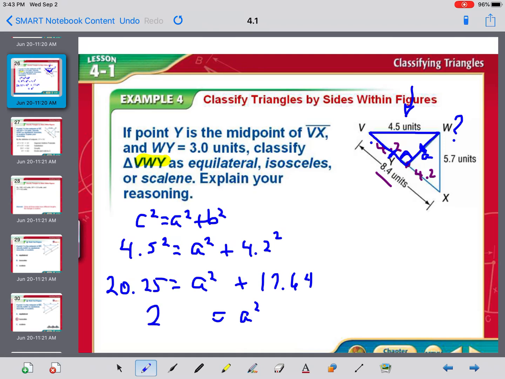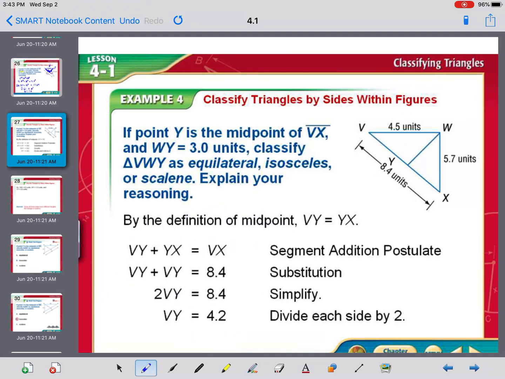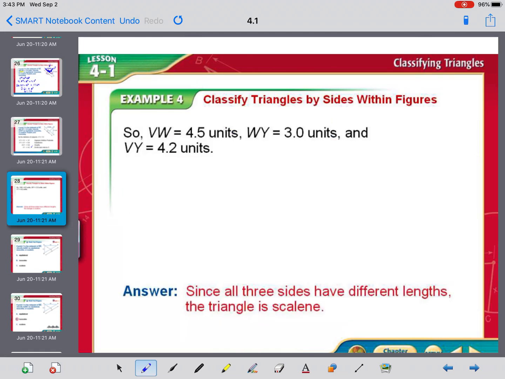So that means A squared is equal to 20.25 minus 17.64, which is 2.61. If I take the square root of 2.61, I can find out that A is approximately 1.6. So they're not congruent. Let's see what they've got.